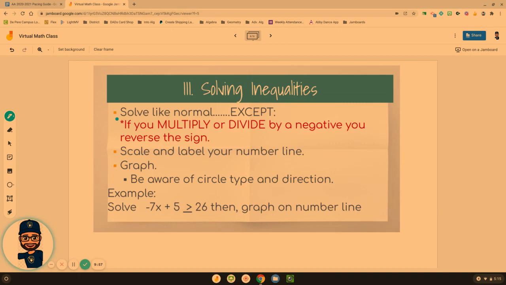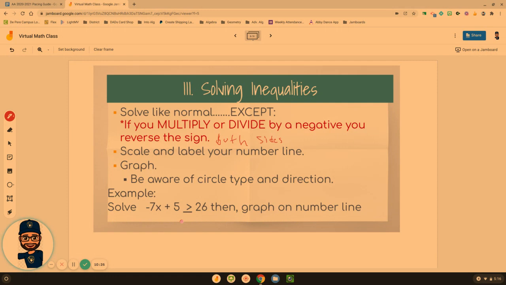If you multiply or divide by a negative number to both sides, it's the important concept, to both sides, and it's only multiply or divide, then you must flip the sign in the other direction. Both sides. Okay, I'll show you an example of that down here.